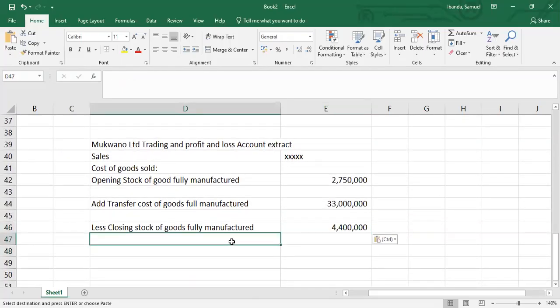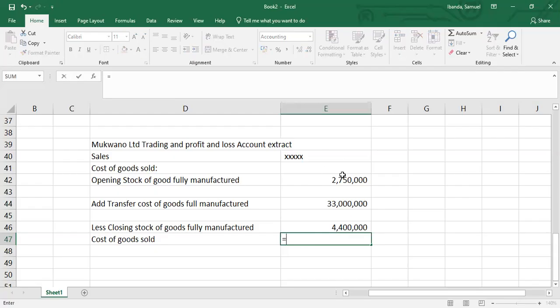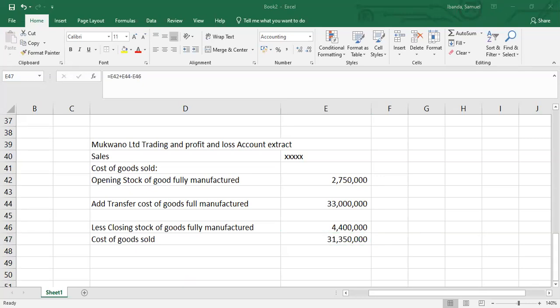With that, our cost of sales or cost of goods sold will now be this: add this and less the 4 million. So that is what we basically have.